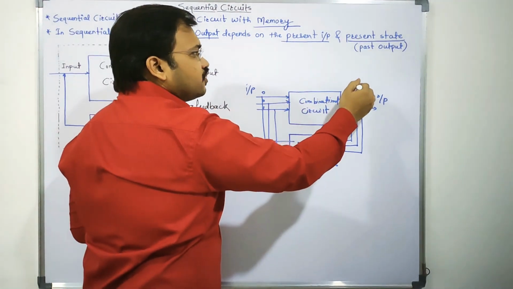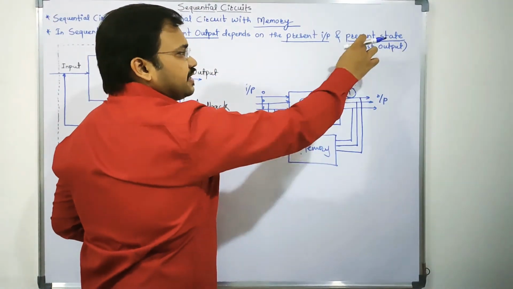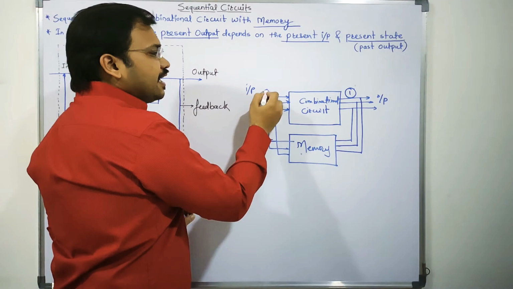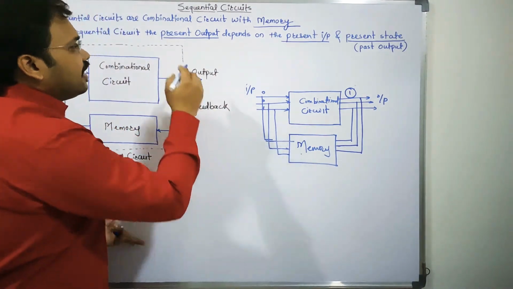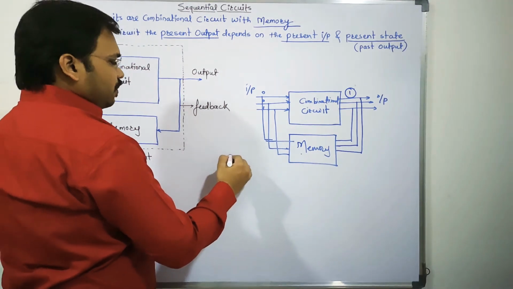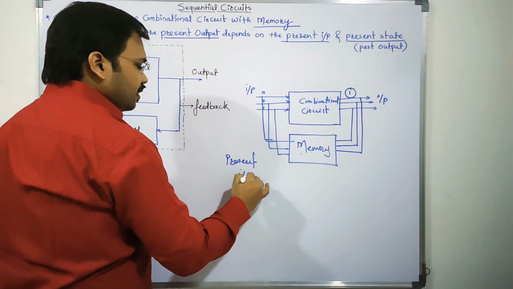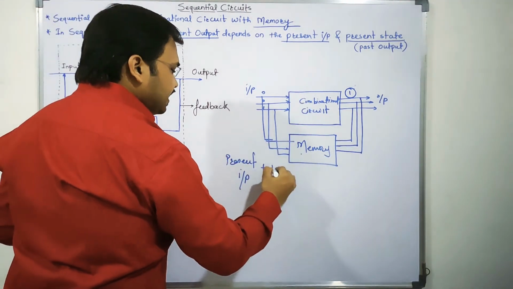That's why it is called the present state, meaning the past output. The present output depends on your present input plus the present state.